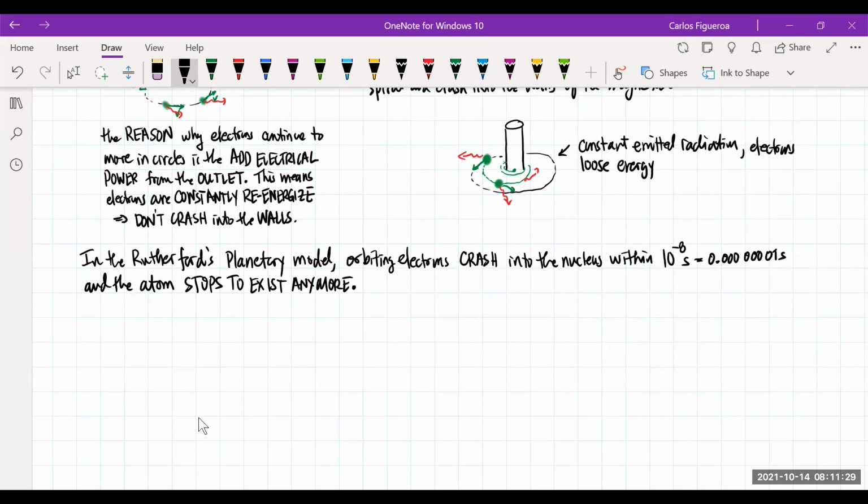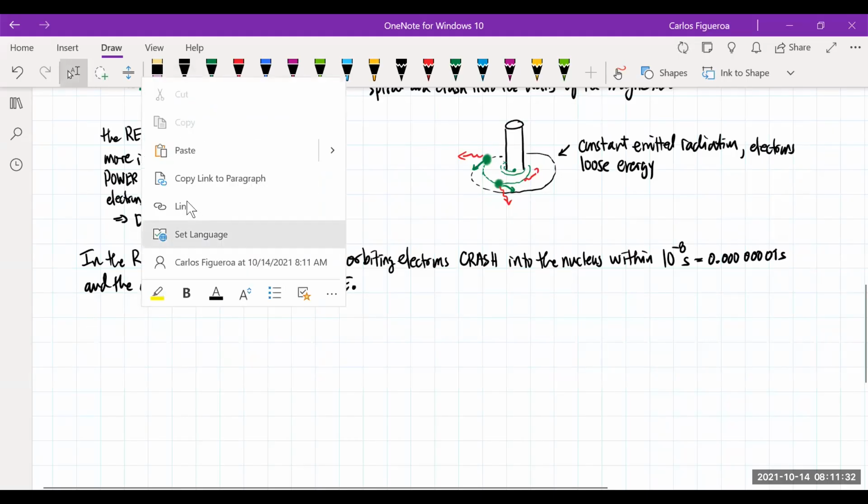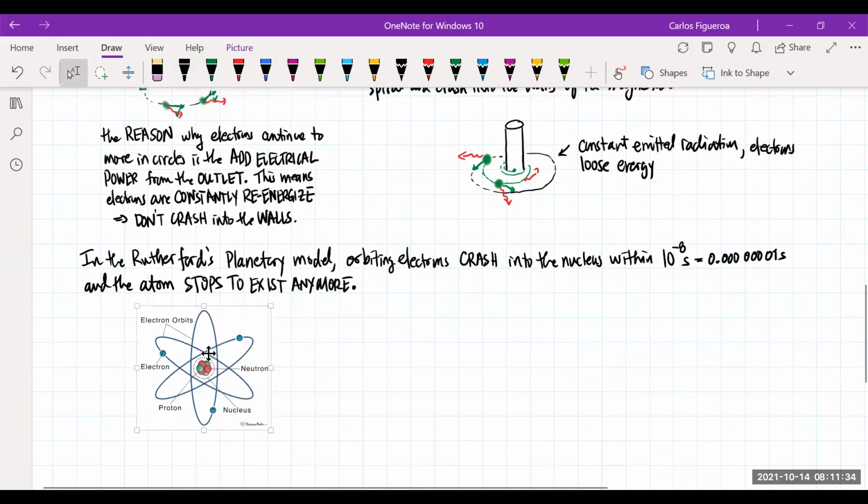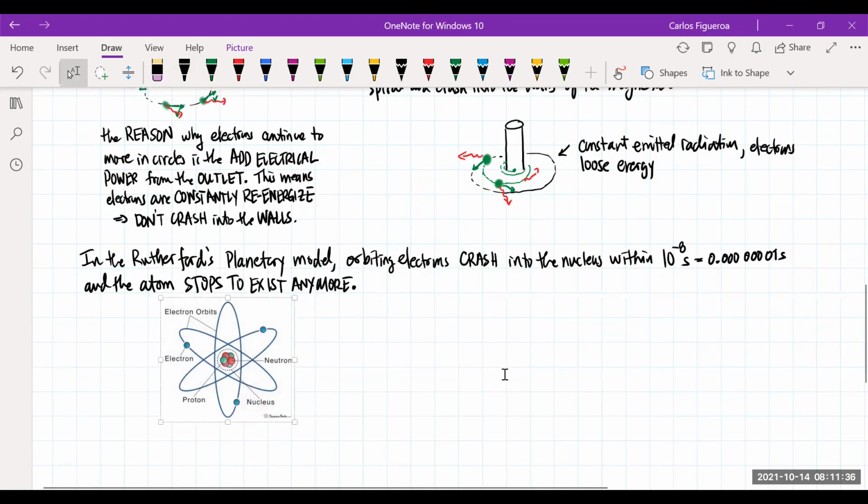It doesn't exist. So I just typed in atom and said, okay, here's an atom. And look what they tell you. This is a very, very standard picture. Look what you see right here. Electrons are orbiting. That's what this picture means.